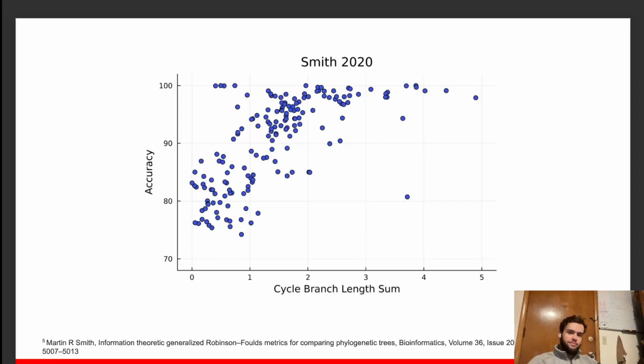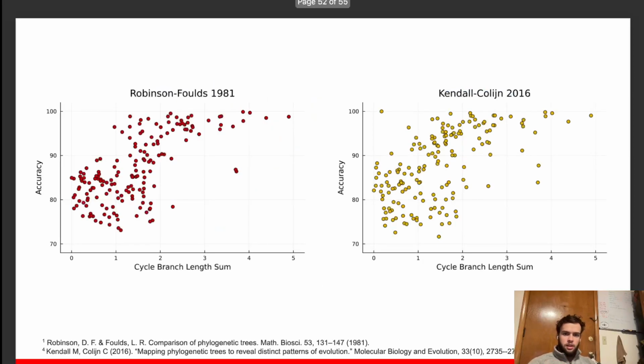And then we can also look at this plot for the other distance metrics, and we get more or less the same thing, not as stark of a trend, just because these other two metrics don't perform as well. It is in general below a cycle branch length sum of 2 where these two metrics get worse performance than the Smith 2020 metric, and so the trend doesn't pop out as much.